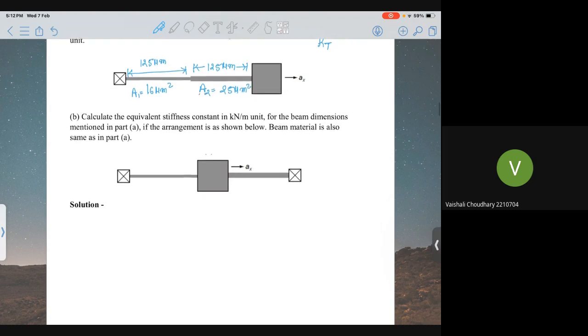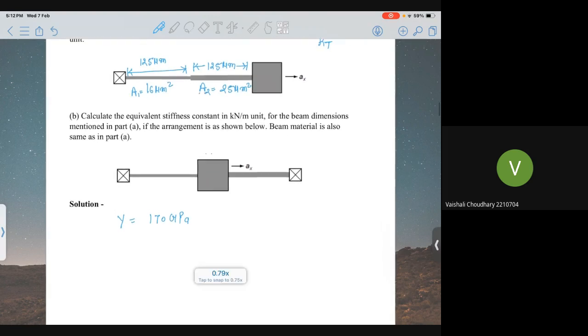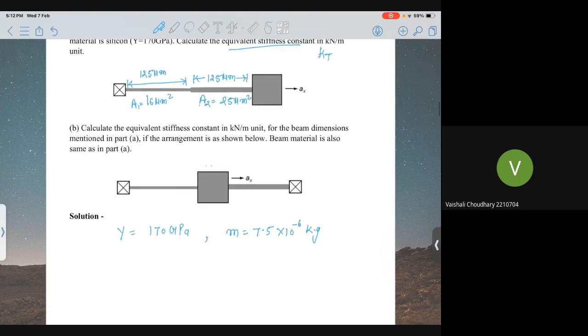Okay. Young's modulus of elasticity is 170 gigapascal, and mass m is 7.5 into 10 to the power minus 6 kilograms. So this mass is in kilogram. Okay, we have to be very careful about the units.